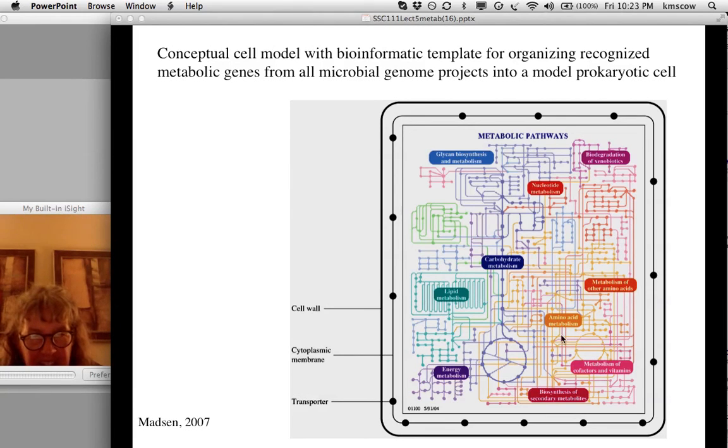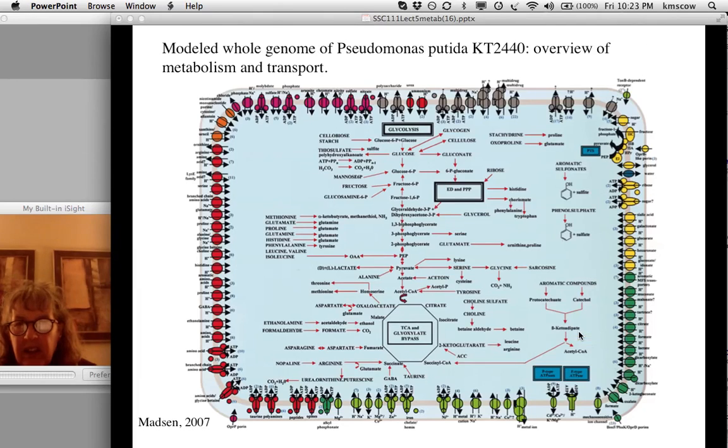If you look hard you can kind of see the TCA cycle and some of our old friends in here, but there's also other things going on.